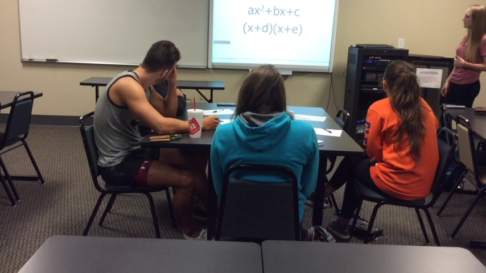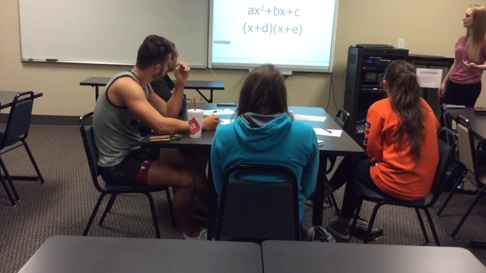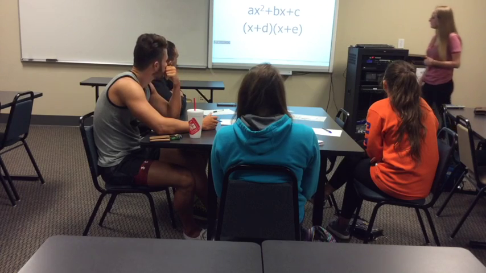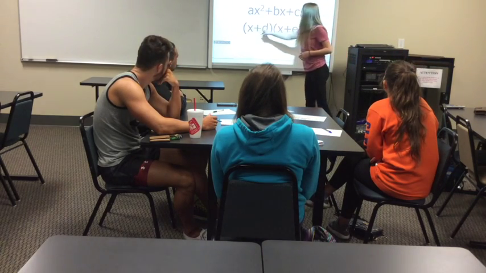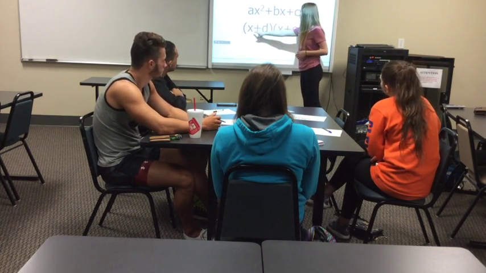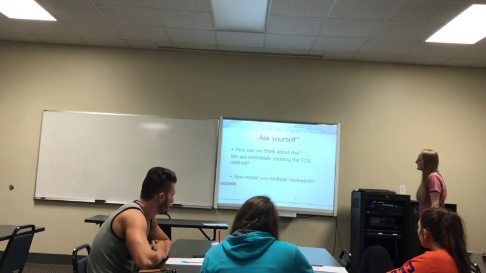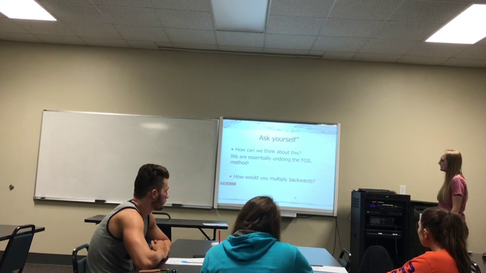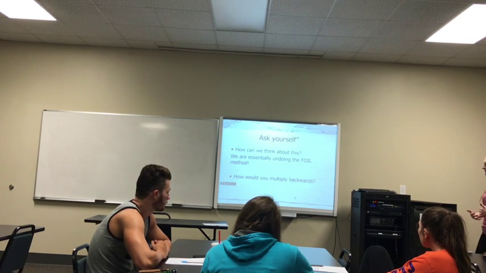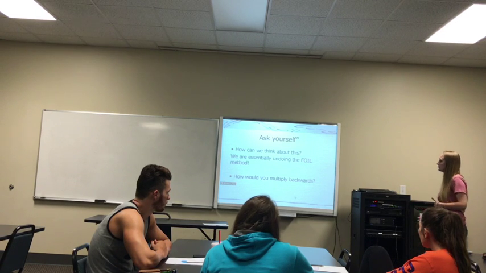X is a variable, which you don't know, but you put it into the factored form as an x here and an x here, and because it's x squared, you only have 2 x's. So you have to ask yourself, how can we think about this? So essentially, we are going to be undoing the FOIL method. So you have to ask yourself, how do you multiply backwards?